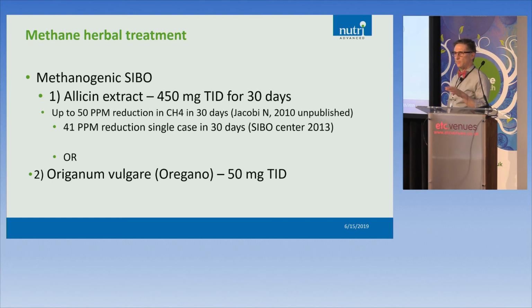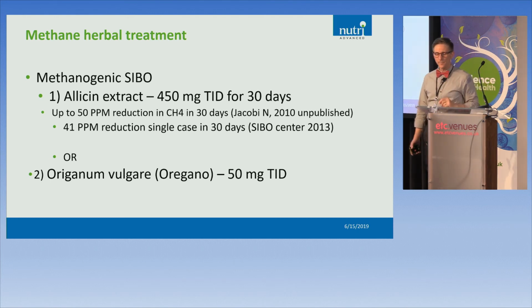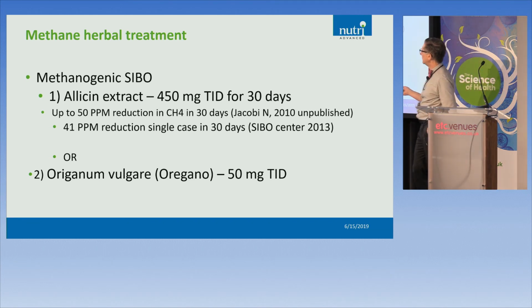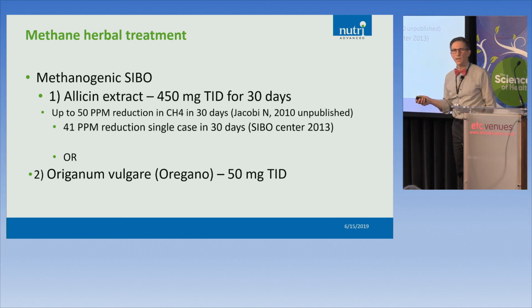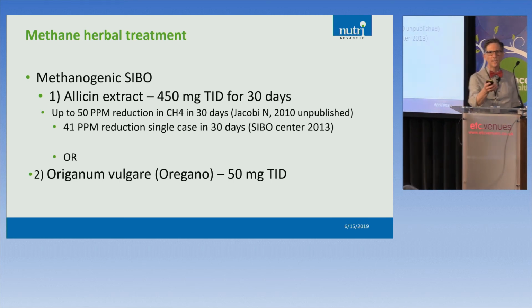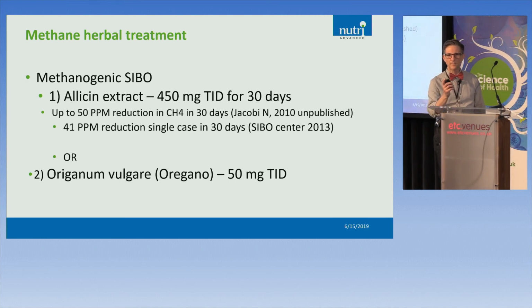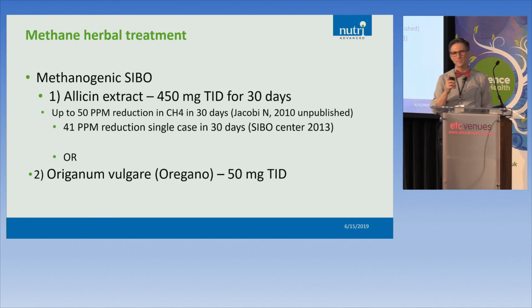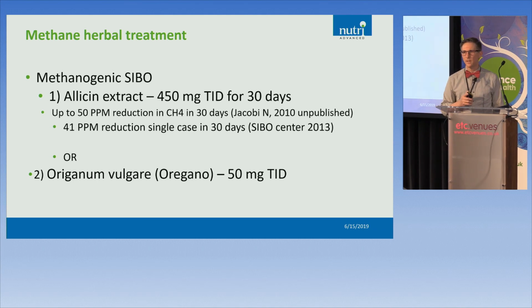So we talked about herbal treatment for hydrogen, herbal treatment for methane. The best that we have found is allicin extract. Now, if you know anything about low FODMAPs diet, the highest FODMAP-containing vegetable is probably garlic.